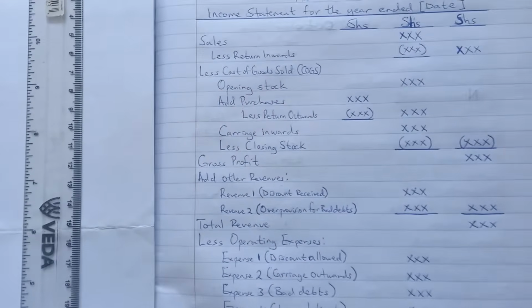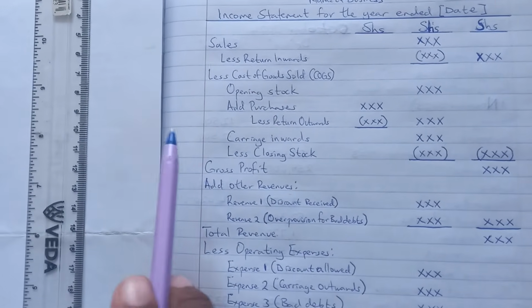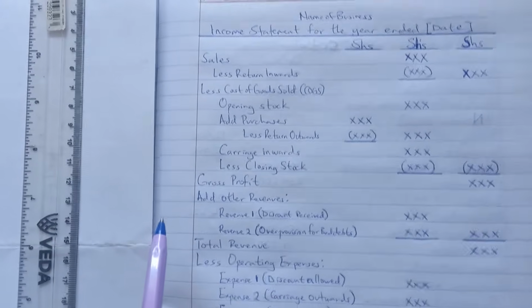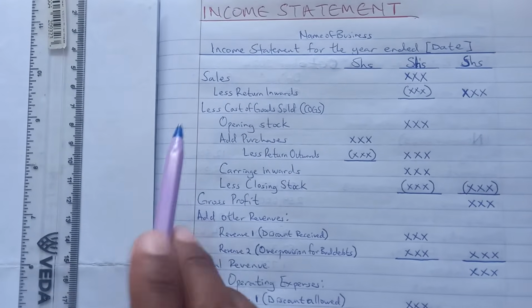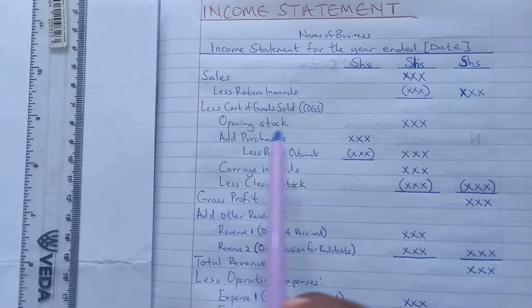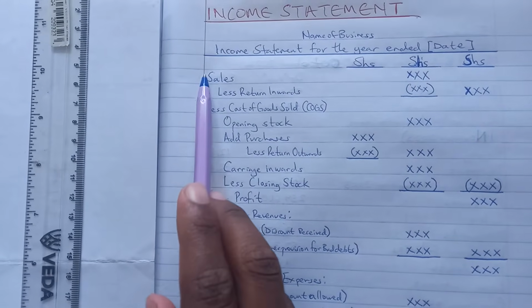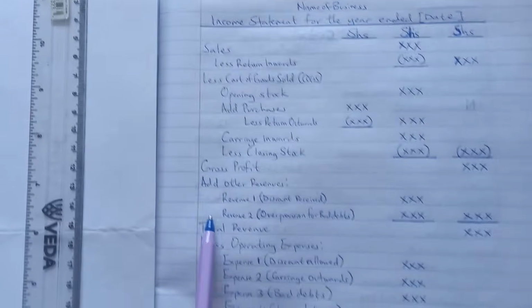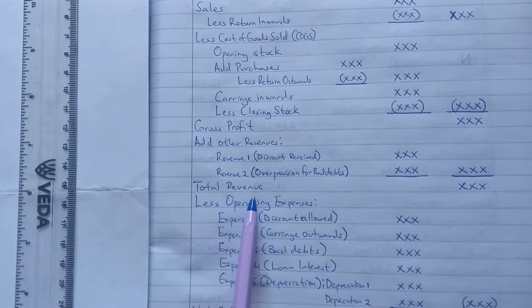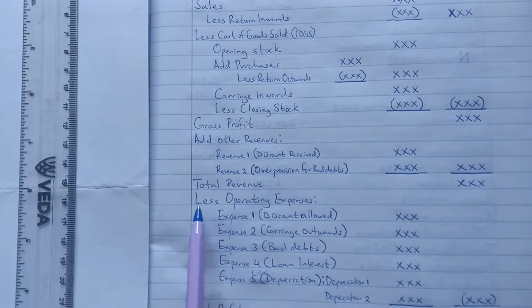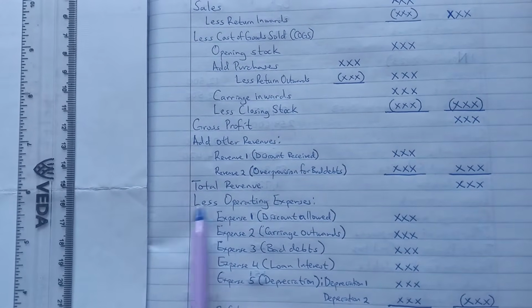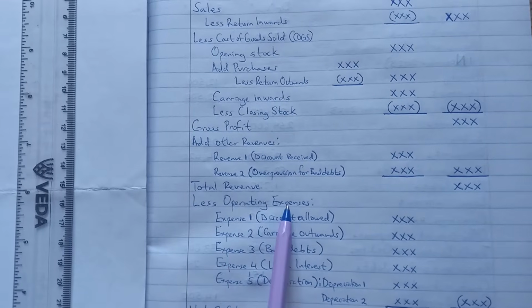So if you look at it, I said in the first video in this playlist that income statement is basically your revenue, subtracting the expenses.